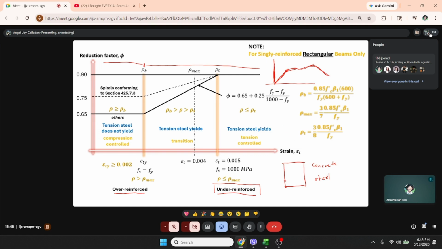So, it's better na una mag-yield atong steel, para kung una siya mag-yield, makanotice pa ta og cracks nga mohawid pa siya sa structure, dili siya diretso mag-collapse. Whereas kung ang concrete una, wala, lubong tanan, walay warnings. So, diretso jud siya. So, kung mag-design ta, diri jud ta sa under-reinforced.